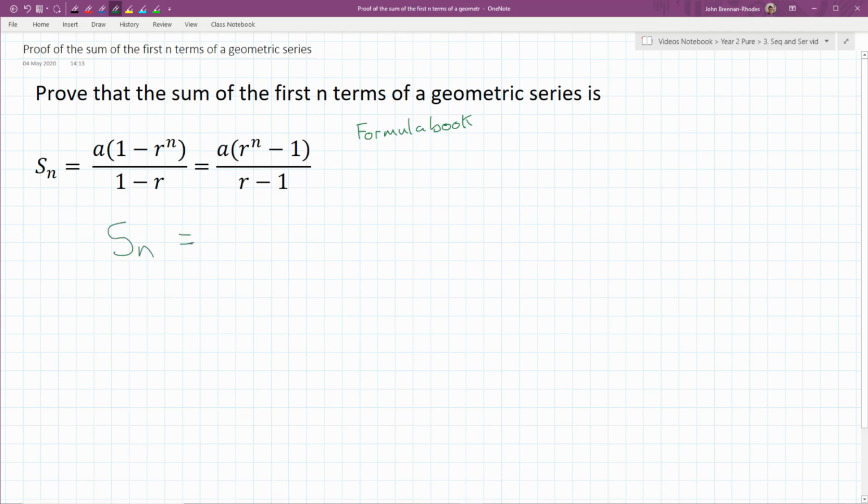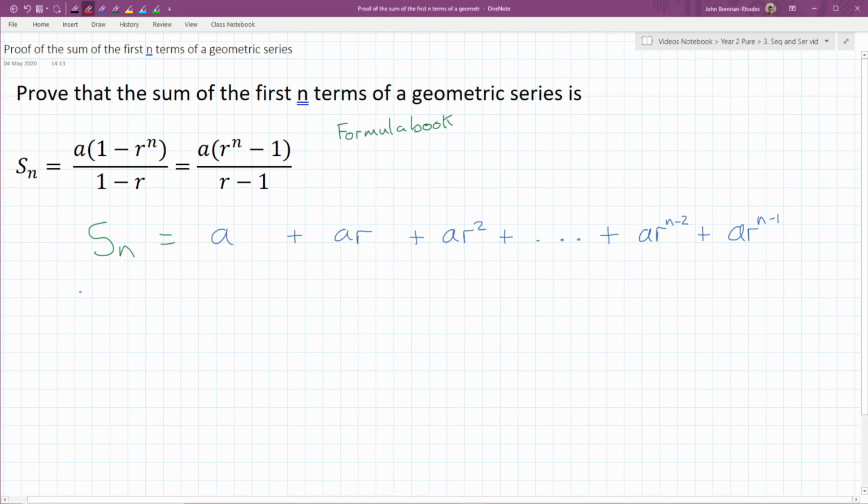Sn is equal to A plus AR plus AR squared plus ... plus the last term, which is AR to the n minus 1, and the previous to last term is AR to the n minus 2.